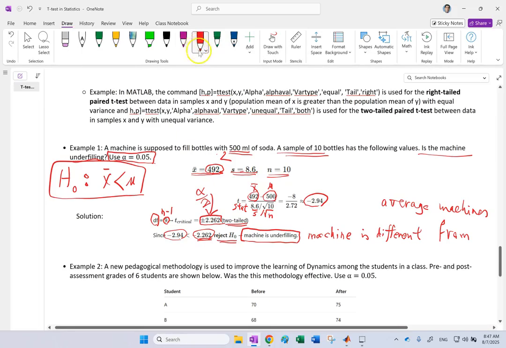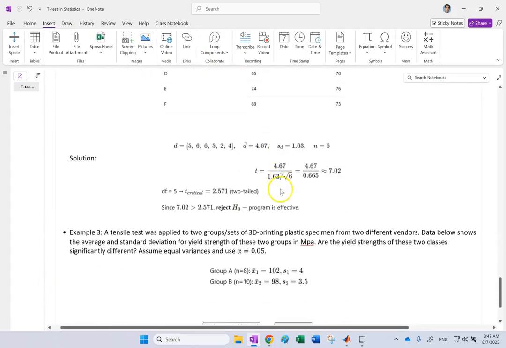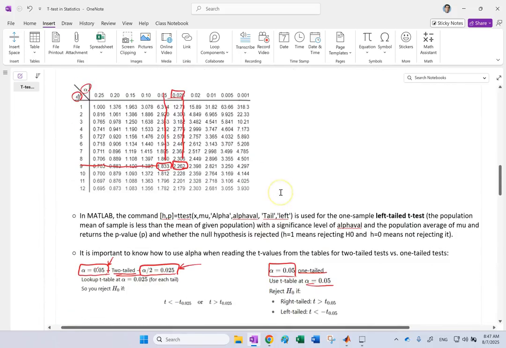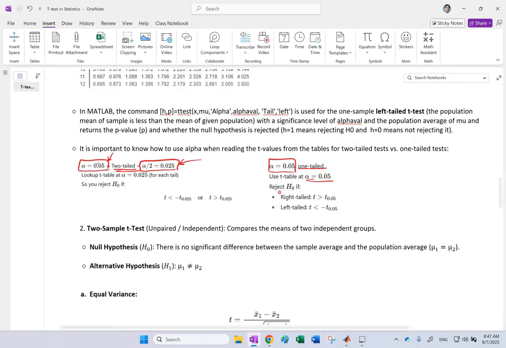If it's a one-tail t-test, you have to actually use that 0.05. How would you do your hypothesis testing? It depends on whether it is a left-tail or a right-tail t-test. Left-tail means the mean of the sample is less than the mean of the given population, so basically X bar is less than mu.